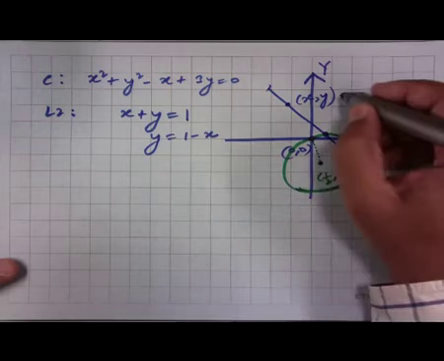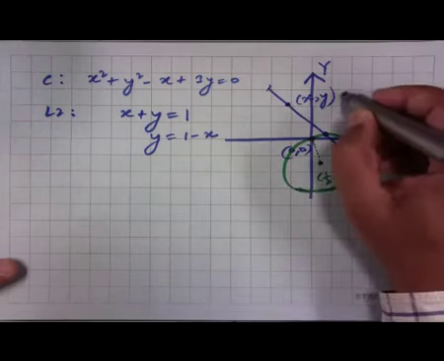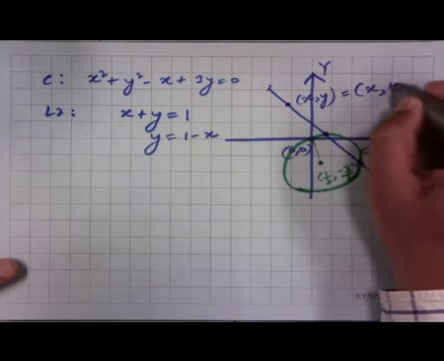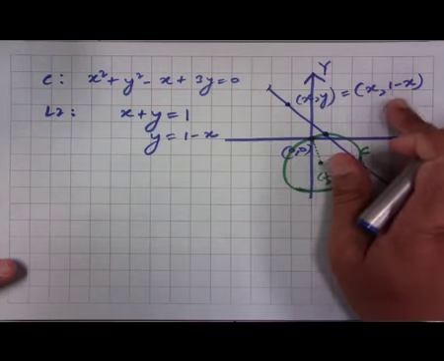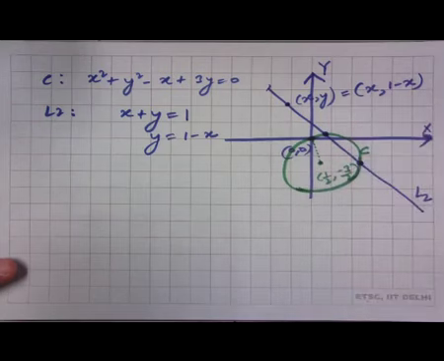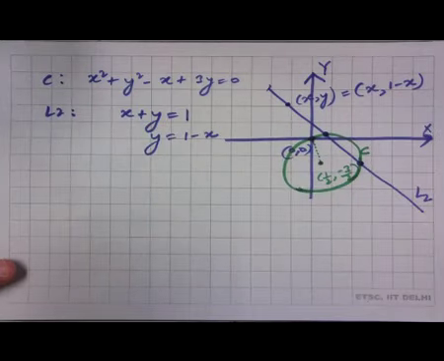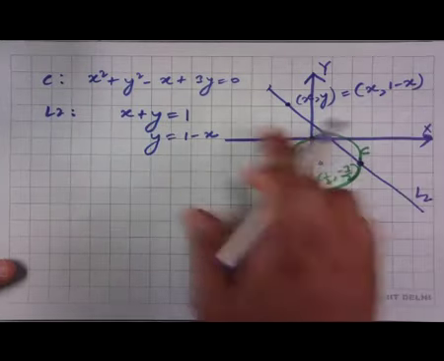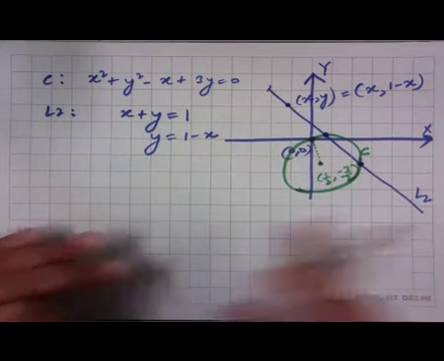So, any general point on the straight line will be given by the coordinates x, and 1 minus x. So, if we add both the coordinates, we will get 1. So, all points of this type are basically on this straight line.